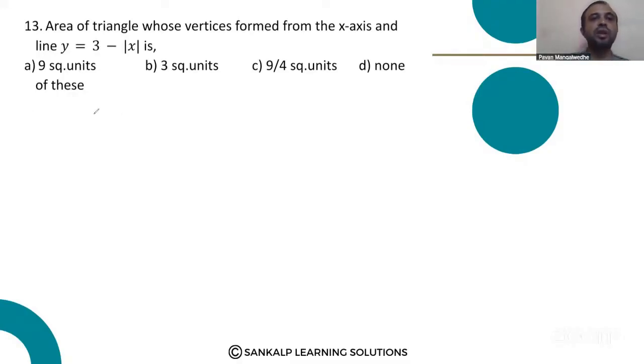The area of a triangle whose vertices are formed from the x-axis and the line y is equal to 3 minus mod x is what? Option A is 9, option B is 3, option C is 9 by 4, option D is none. Try to find the answer.